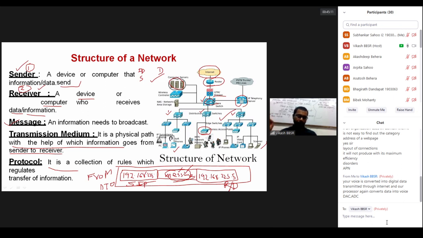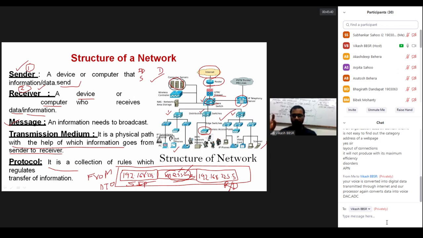Three ways are there. But the protocols are there. What is the protocol? The protocol tells you that when you are traveling, you have to follow some rules. It is a collection of rules which regulates the transfer of information. It is required because when you are sending a message, it must go in the proper path.